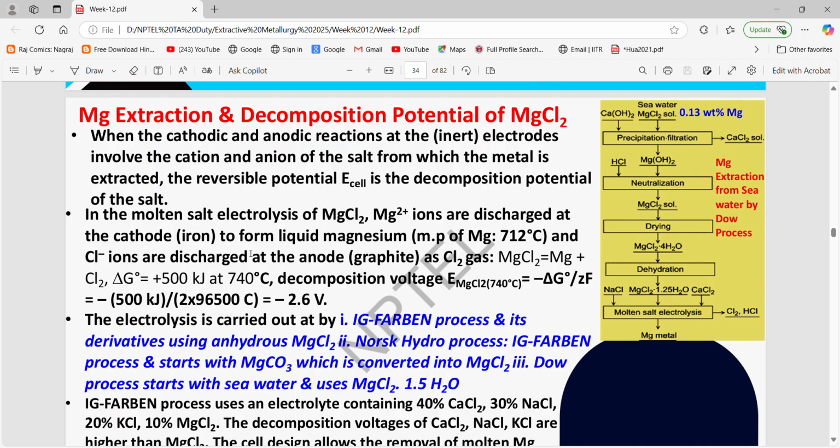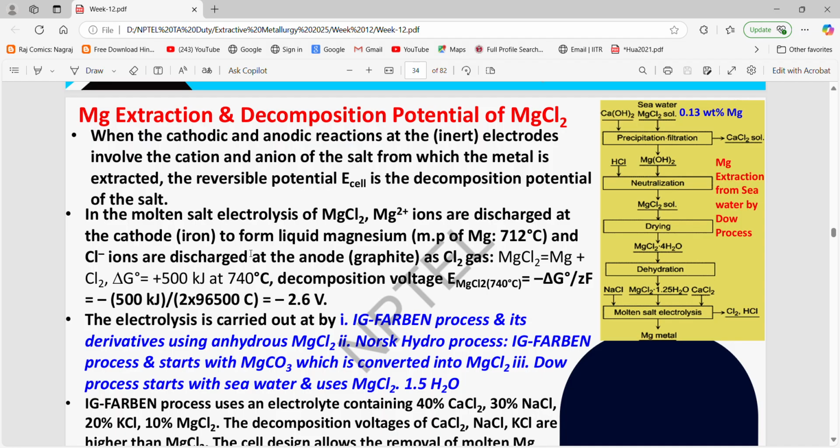When the cathodic and anodic reactions at the inert electrodes involve the cation and anion of the salt from which the metal is extracted, the reversible potential, which is known as E cell, is the decomposition potential of the salt. In the molten salt electrolysis of MgCl2, Mg2+ ions are discharged at the cathode to form liquid magnesium having a melting point of around 712 degrees Celsius, and chloride ions are discharged at the anode, which is graphite, as Cl2 gas.